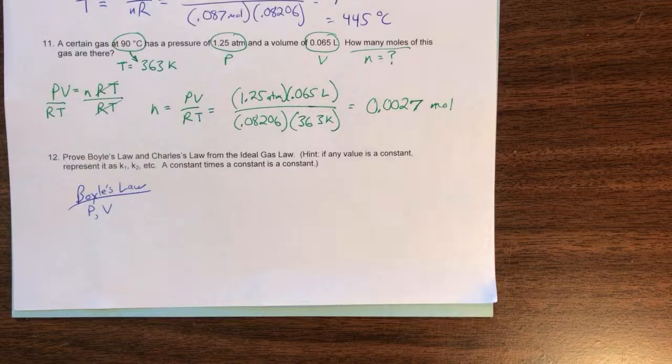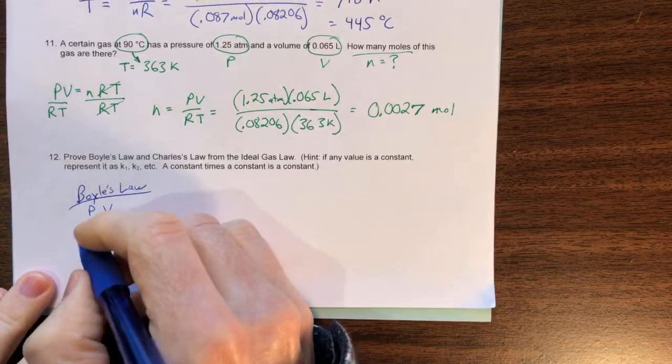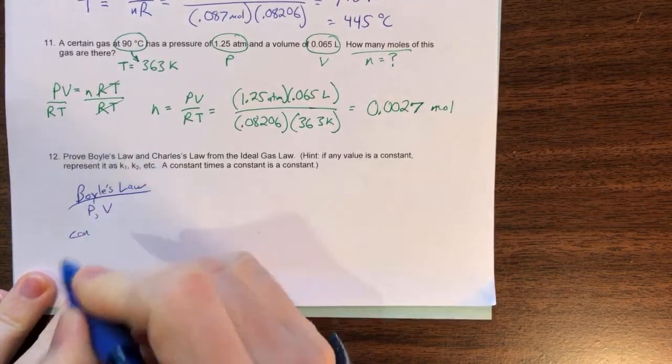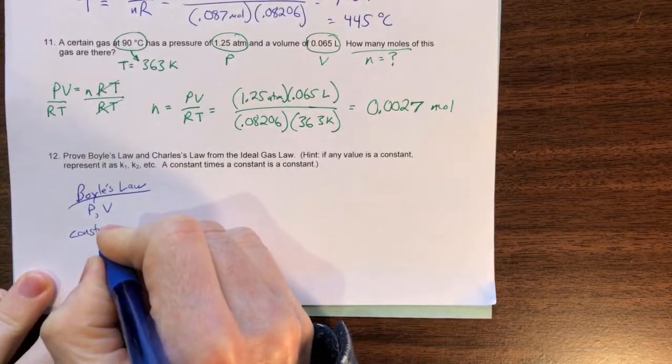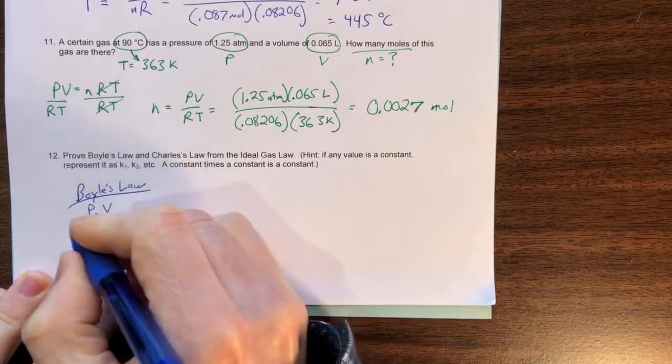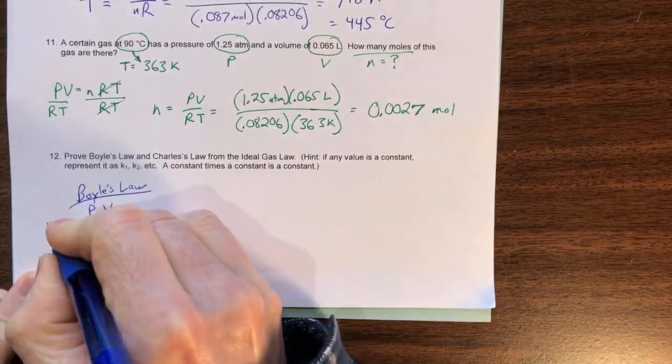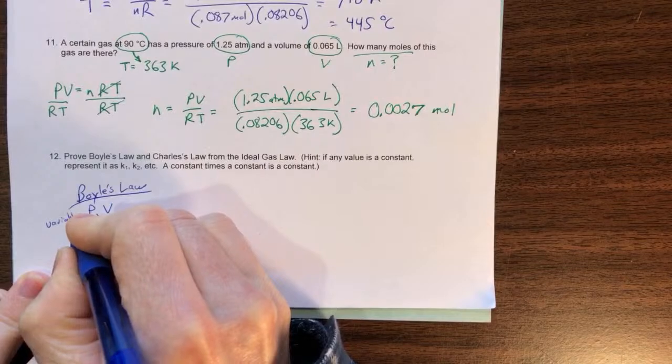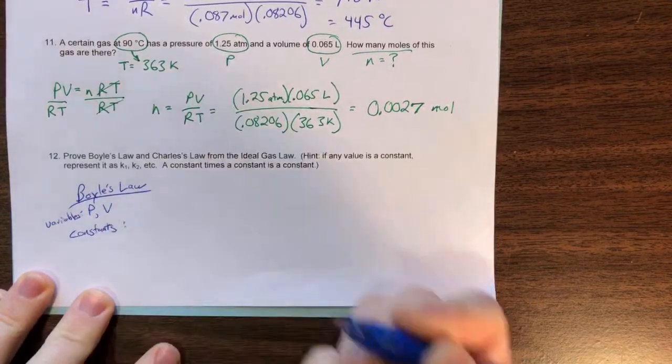And in Boyle's law, you have a lot of constants, right? And that's important to recognize. So what are your constants? These are our variables up here. We were wondering, okay, how are P and V related?